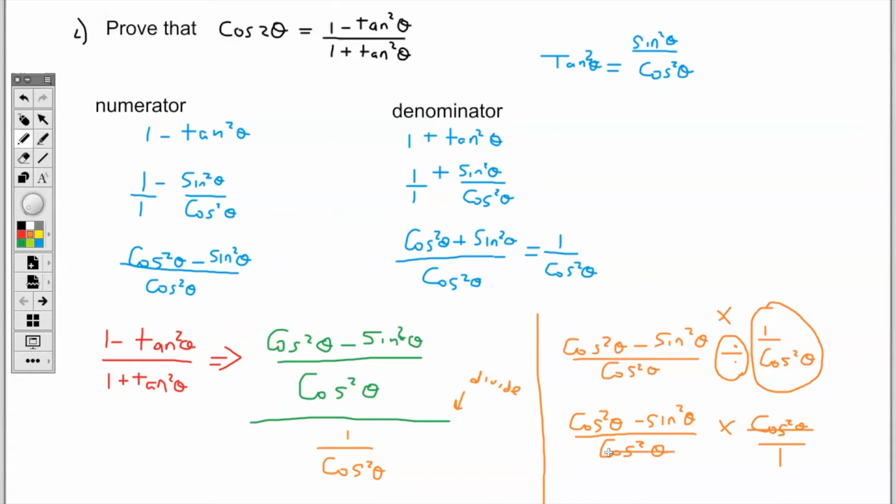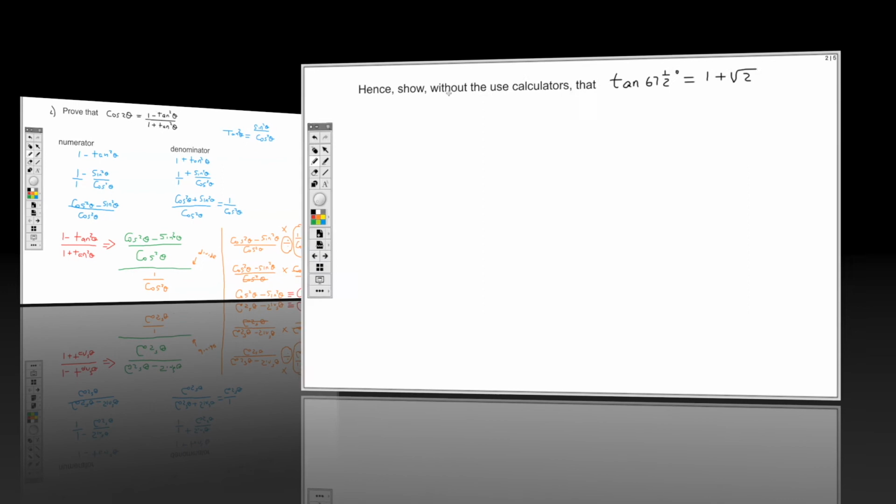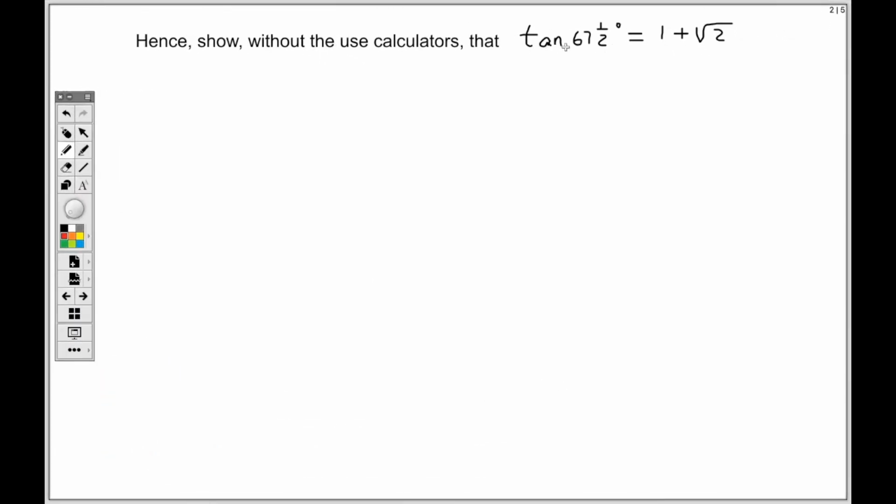Now this will cancel, and I'm left with cos squared theta minus sine squared theta. If you have an identity sheet, you can look at it and you'll see that cos squared theta minus sine squared theta is the identity for cos 2 theta. Therefore, proven. Hence, show without the use of a calculator that tan 67.5 degrees is equal to 1 plus root 2.